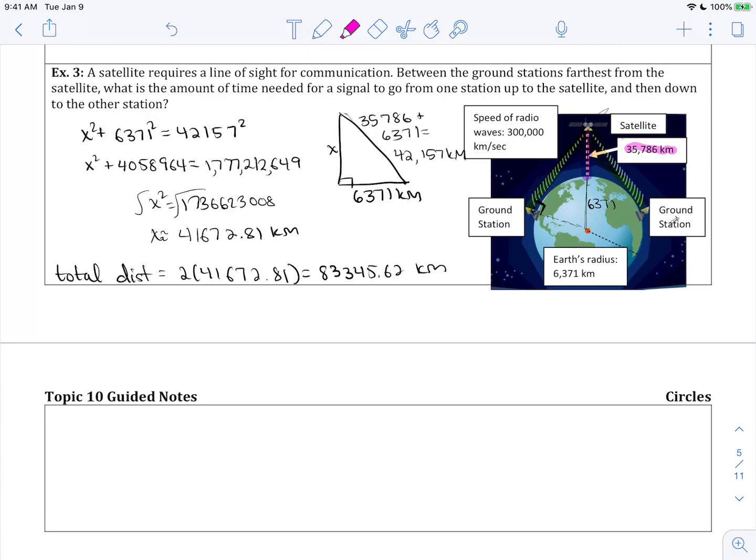We want to get the time. Now, we're told that the speed of radio waves is 300,000 kilometers per second. So we're given our total distance.